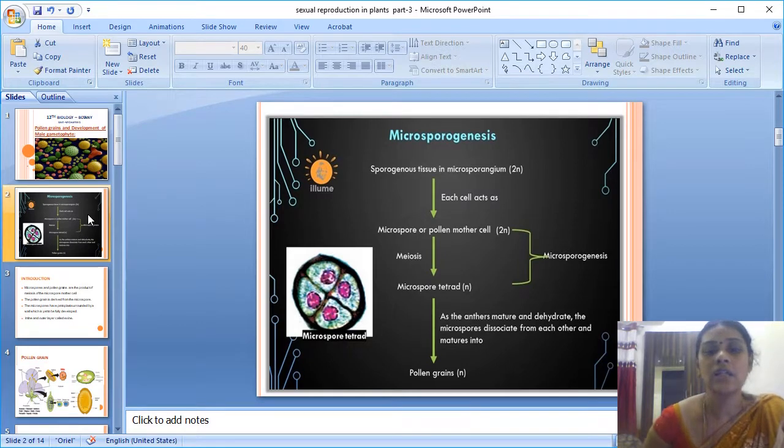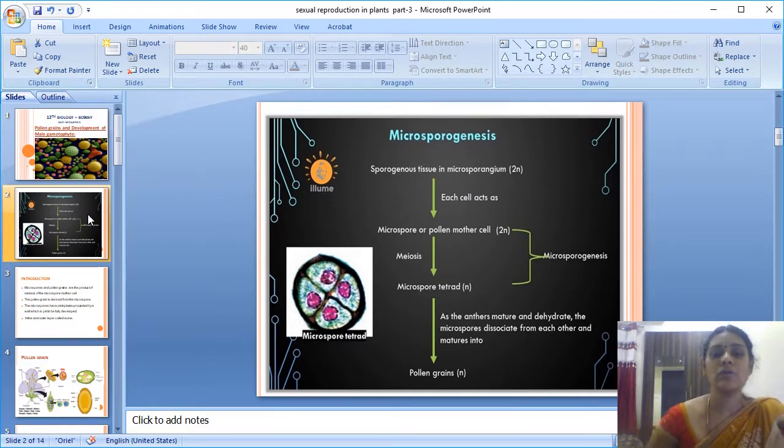The outer side division, the periclinal or anticlinal division of the anther, forms the anther wall from the parietal cells, the peripheral parietal cells. The inner sporogenous tissue gives a microsporangium.